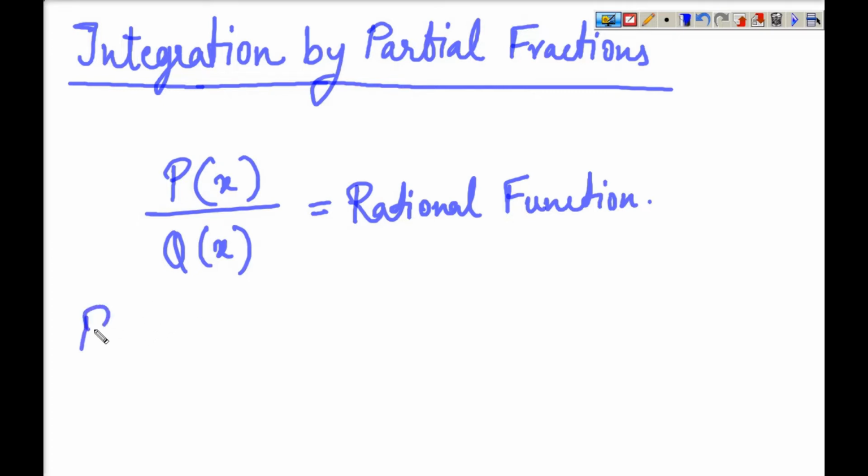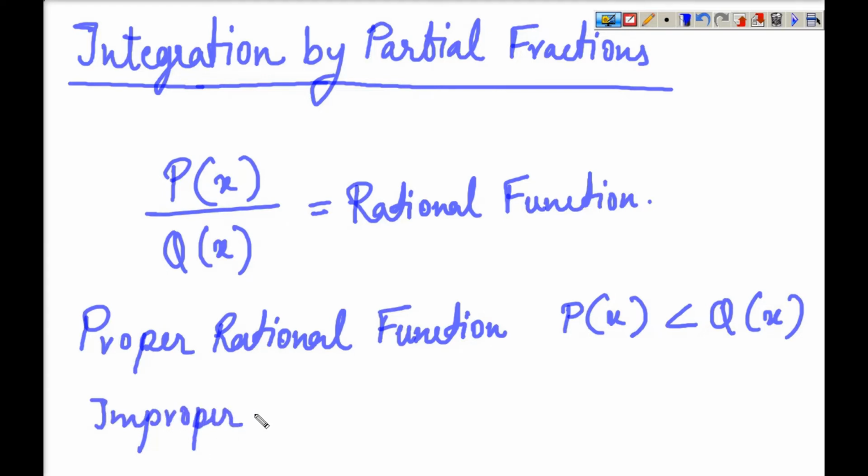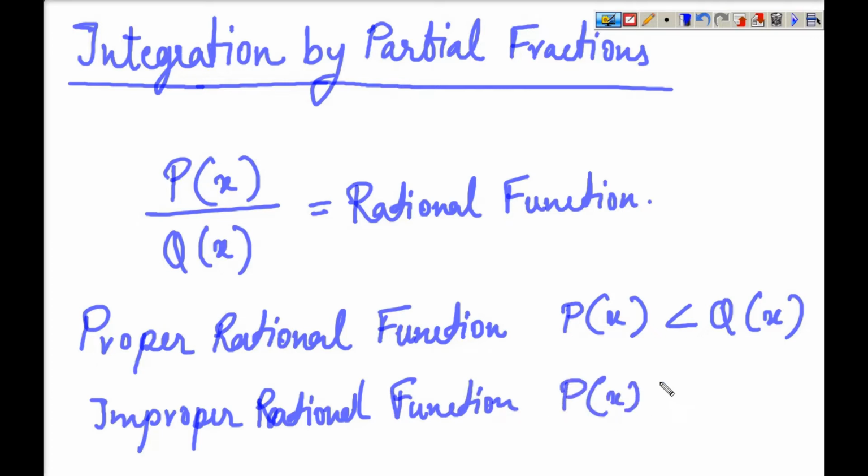One is the proper rational function, where the degree of p of x is less than the degree of q of x. And then the improper rational function, where the degree of p of x is greater than the degree of q of x.